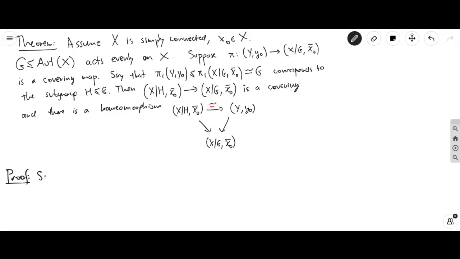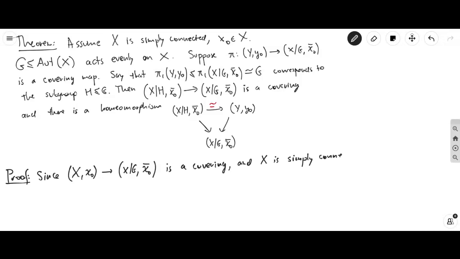We're going to say that since x0 is a covering, and X is simply connected, this covering is the universal covering.